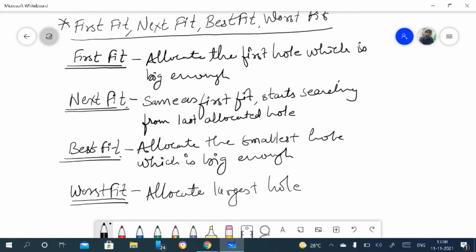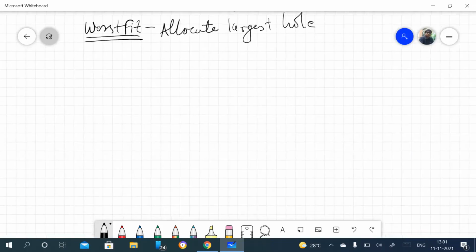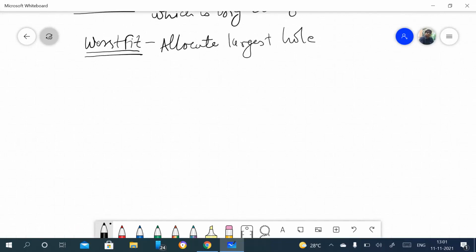In first fit, whatever is the first hole, we consider for allocating the process. In next fit, similar to first fit, only the search for a free hole starts from the last allocated hole. In best fit, whichever is the smallest hole that is big enough to accommodate the process, we find it and keep the process there. And worst fit is obviously the largest hole, which we consider for the allocation. One example I'll tell you, and then we'll stop here.